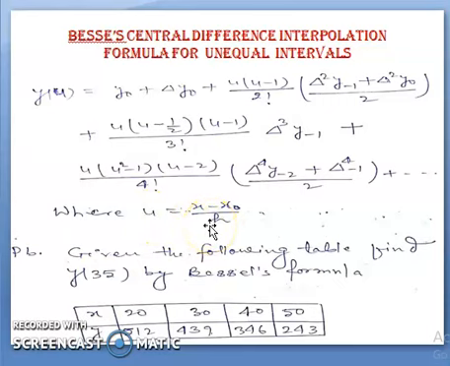So this is the formula of Bessel's central difference interpolation formula for unequal intervals.